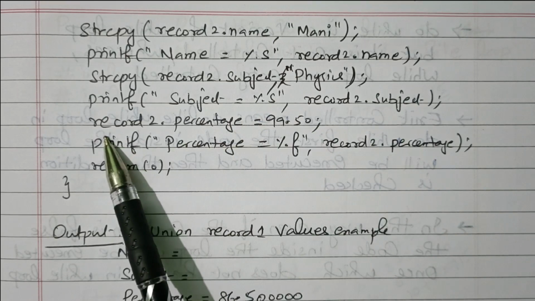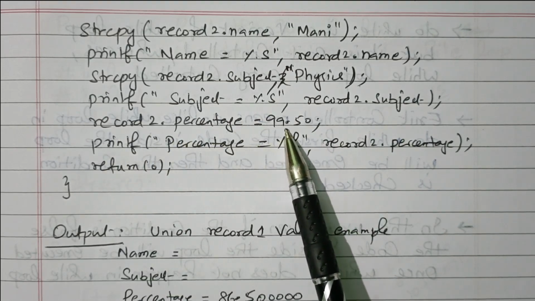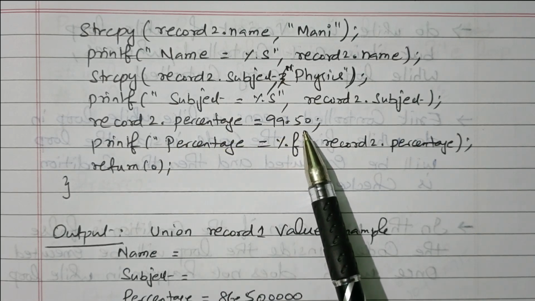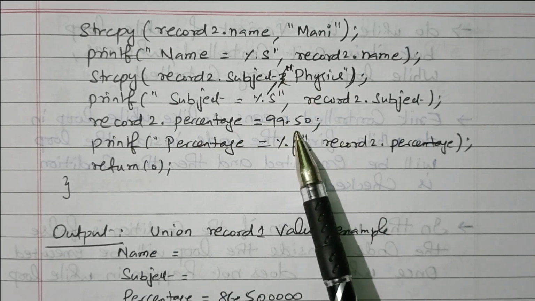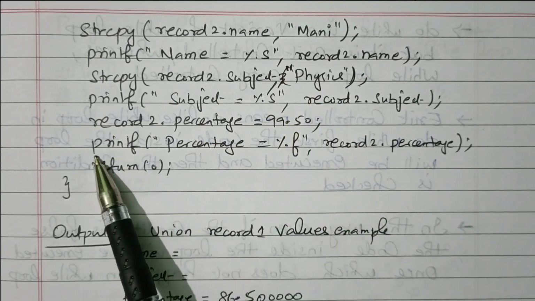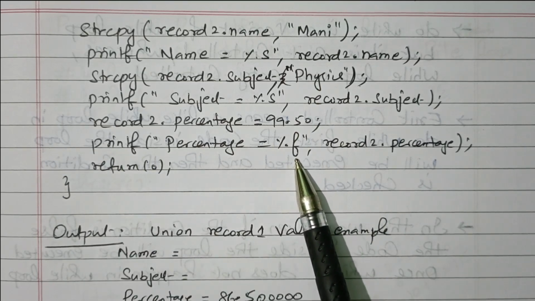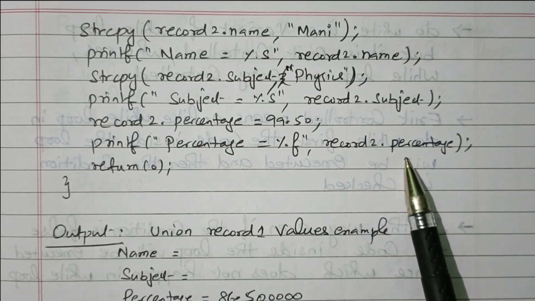So after printing, record 2 dot percentage equal to 99.5. Now we are storing the percentage of the second student as 99.50. So this physics will be overwritten in the memory location. 99.5 will be stored, and that is also immediately printed. Print of percentage f, that is the floating point, record 2 dot percentage, it will print 99.50.